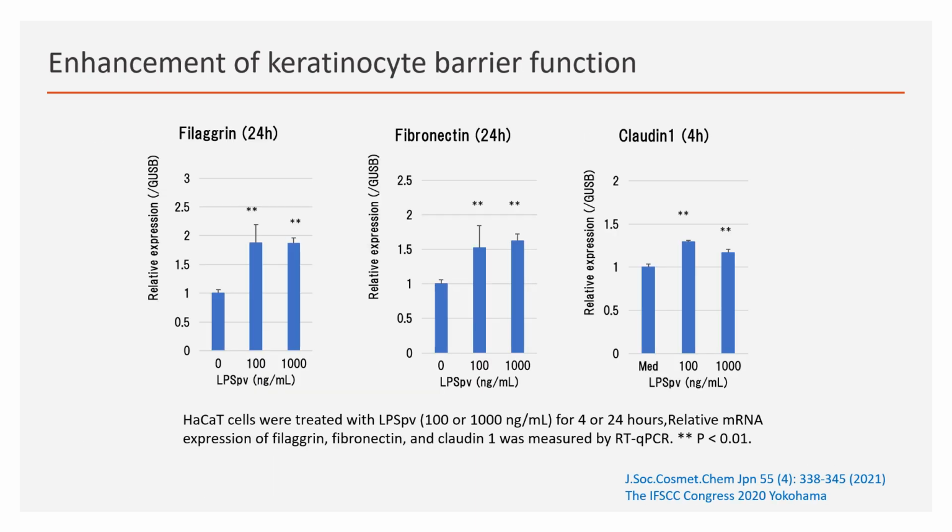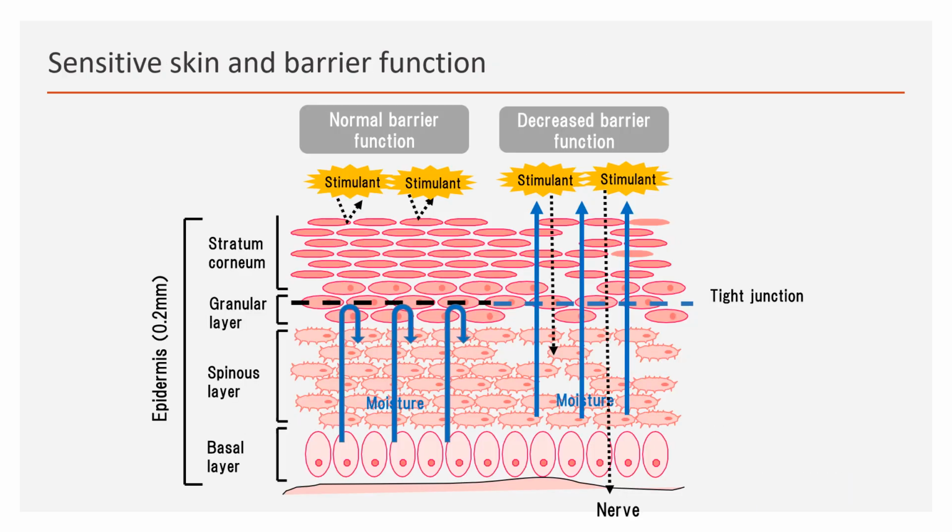When LPS is added to keratinocytes, factors related to barrier function such as filaggrin, fibronectin, and claudin-1 increase. Skin barrier function is also related to skin sensitivity. If the skin's barrier function is normal, stimulants are less likely to enter, and moisture is also retained.